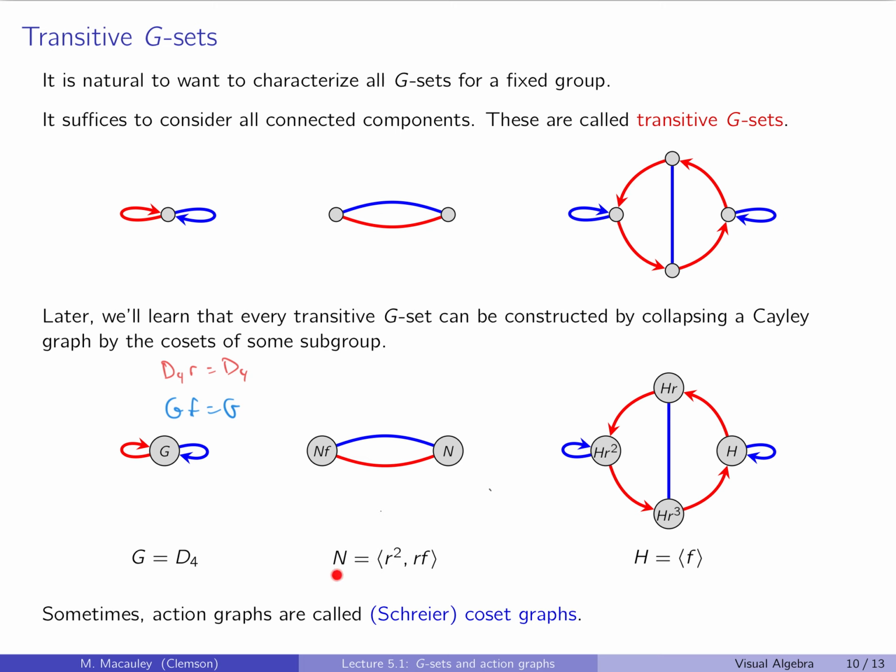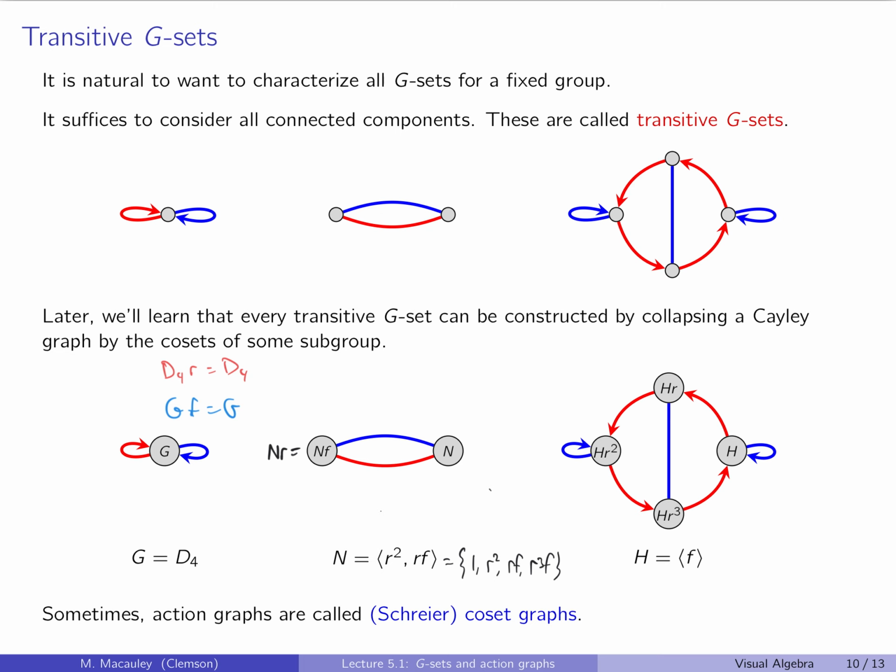But if we use N, where N is generated by R squared and RF, which is 1, R squared, RF and R cubed F, and we multiply this coset by R, now, R is not in here. So we get the other right coset, and well, I said NF, but it's also equal to NR.